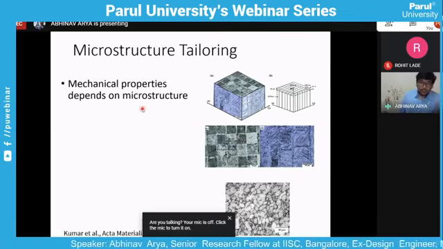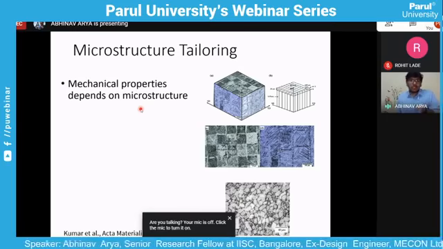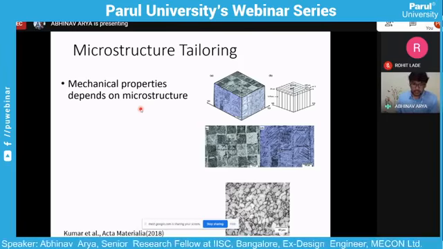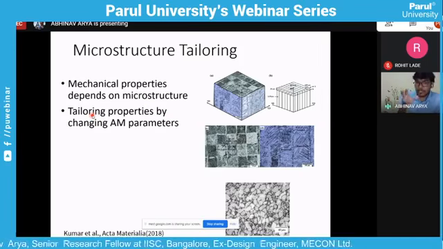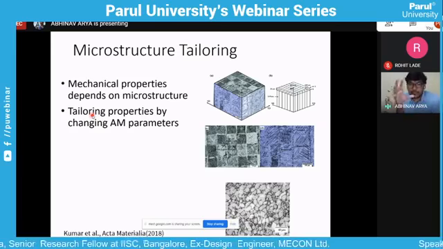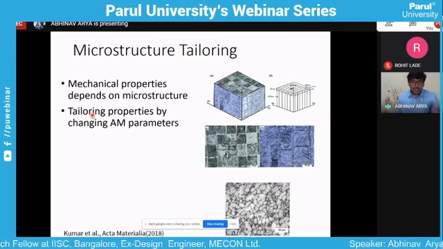Whatever microstructure there is will dictate how the mechanical behavior of that material will be, right? There are various AM parameters that define how the microstructure will evolve in my AM deposited material. We can play with these parameters and tailor the property of our material.